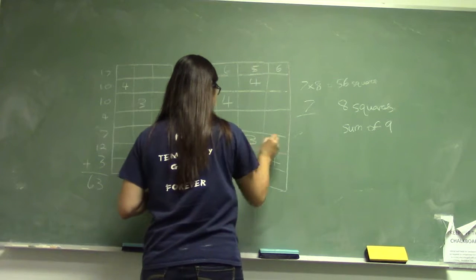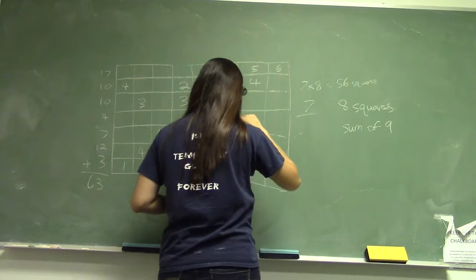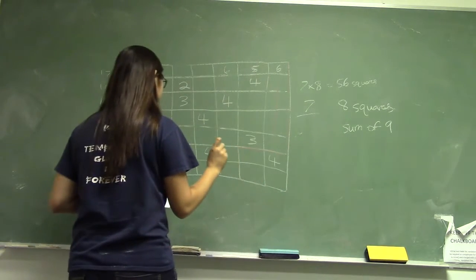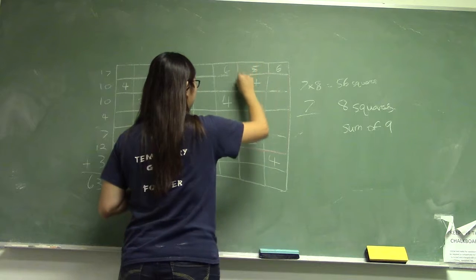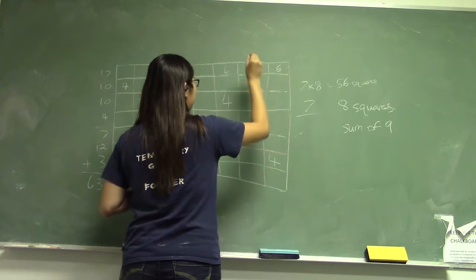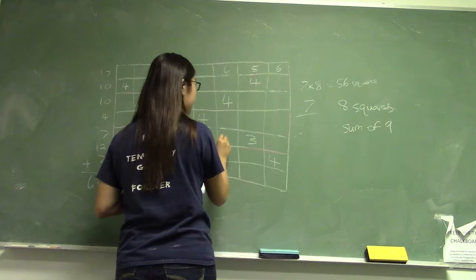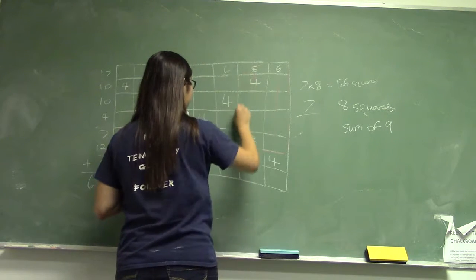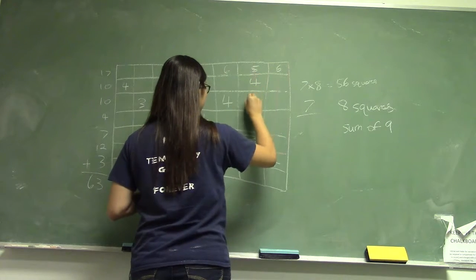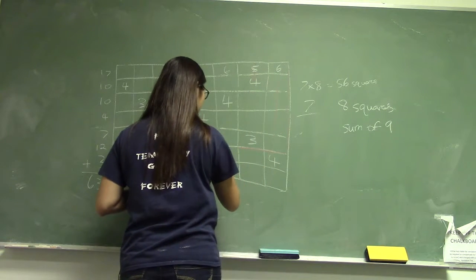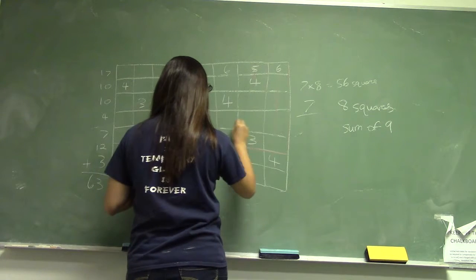That leaves 5 and 4 here, which have to be connected, and we need 6 blank squares to complete this piece. So 1, 2, 3, 4, 5, 6, 7. Yeah, that would work.